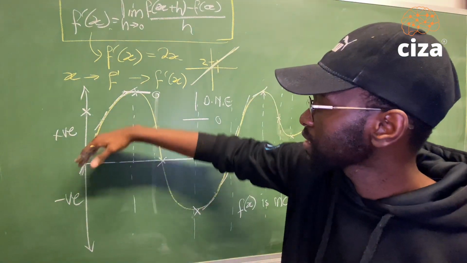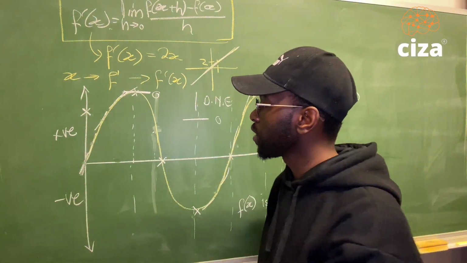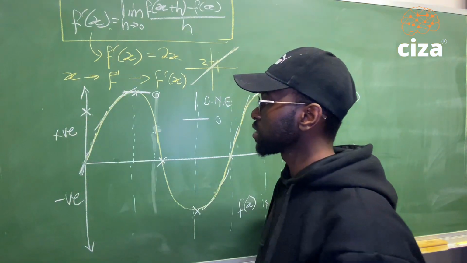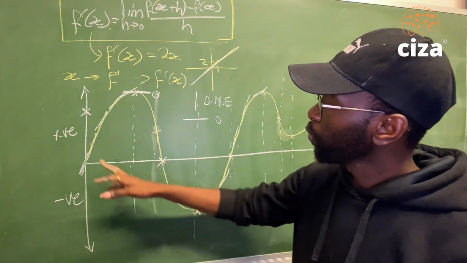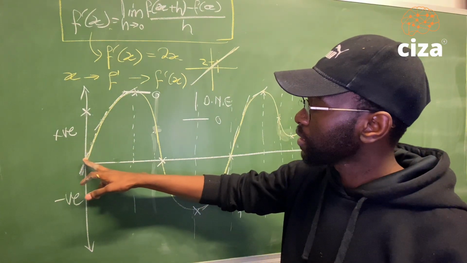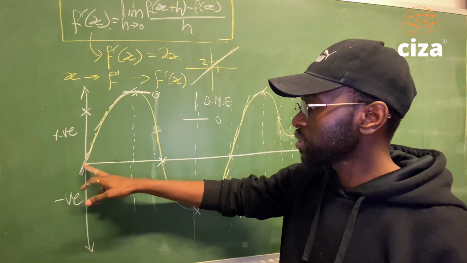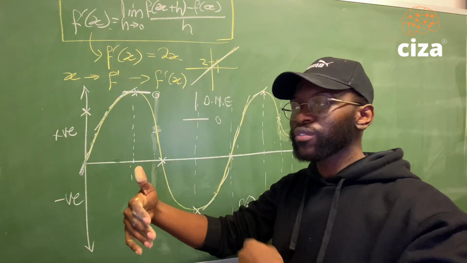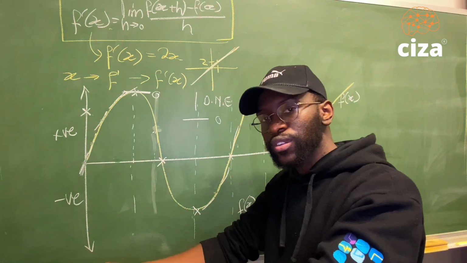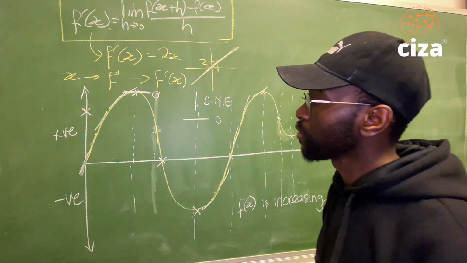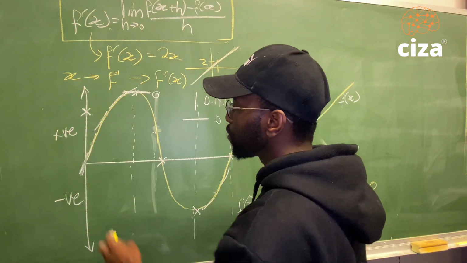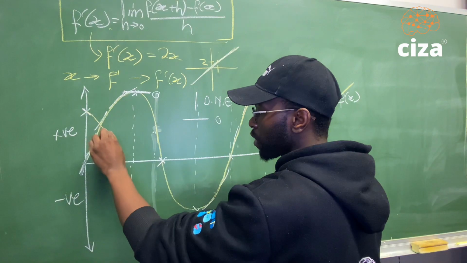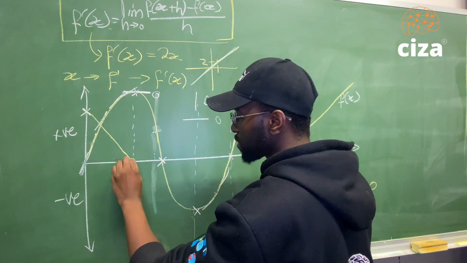Now, as the gradients reduce from whatever value it is here, they keep becoming less steep and less steep until they reach 0. Which means that the function of the derivative is decreasing, because the function of the derivative gives us the gradient. So if the gradients are decreasing, that means the function of the derivative is decreasing also. It will start at some high value and then go down, go down until it reaches 0.